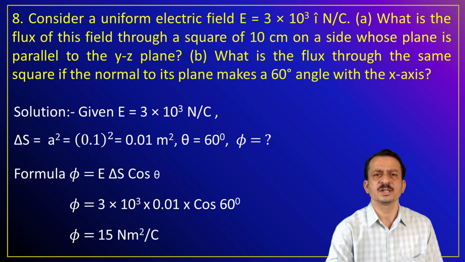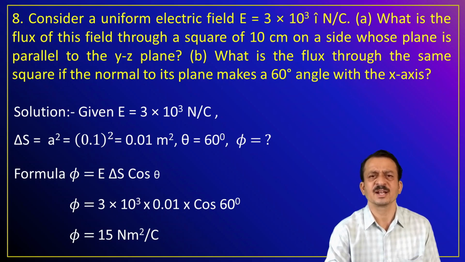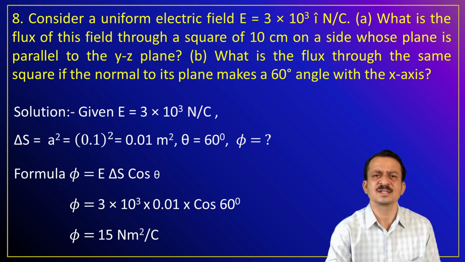Now look here in this example, if the plane is held normal, we get a flux of 30 Newton meter square per coulomb. When it is oriented with a certain angle, the number of field lines passing through that area goes on decreasing, and hence flux goes on decreasing.